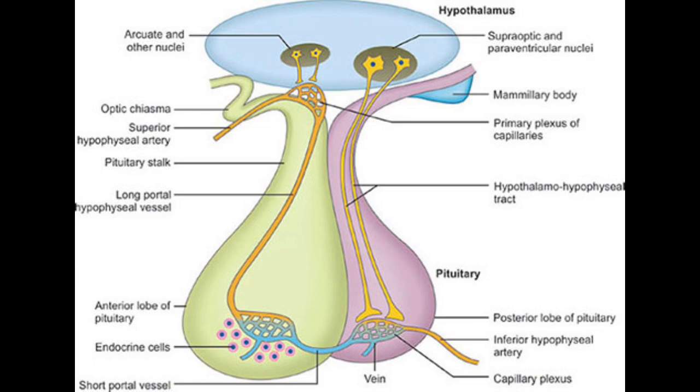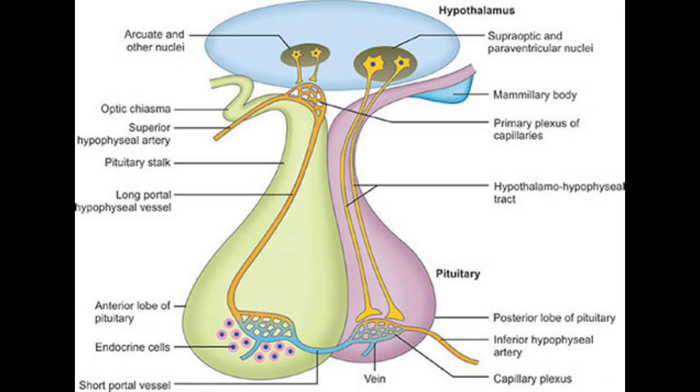It is how the hypothalamus and the pituitary gland communicate in secreting what? Hormones. Naturally, the hypothalamus is connected to the anterior pituitary gland through blood vessels, and to the posterior pituitary gland through what? Neurons.